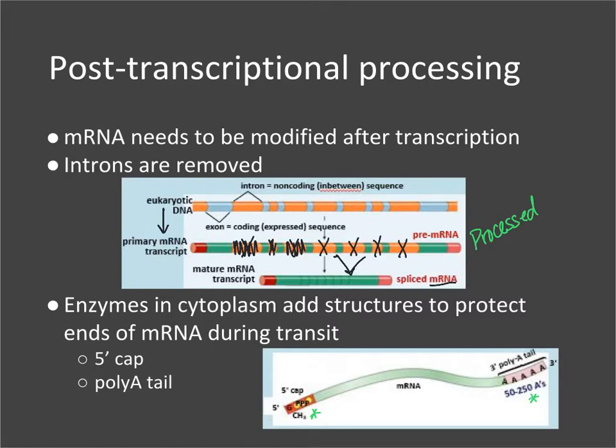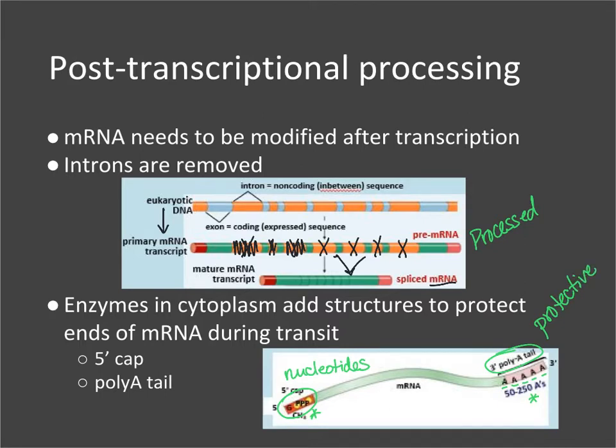You get a 5' cap, which is just extra nucleotides added to the 5' end of the mRNA molecule. At the other end, you get this thing called a poly A tail, which is just a whole bunch of adenines added on to that end of the mRNA as well. And these added nucleotides primarily serve a protective function.